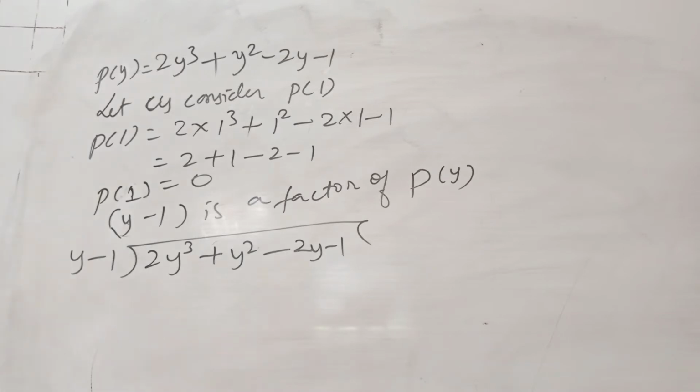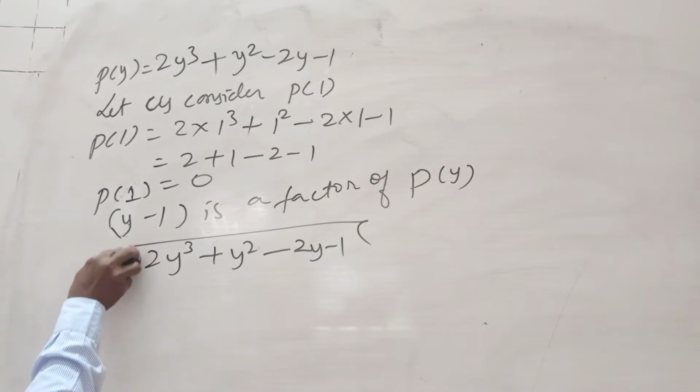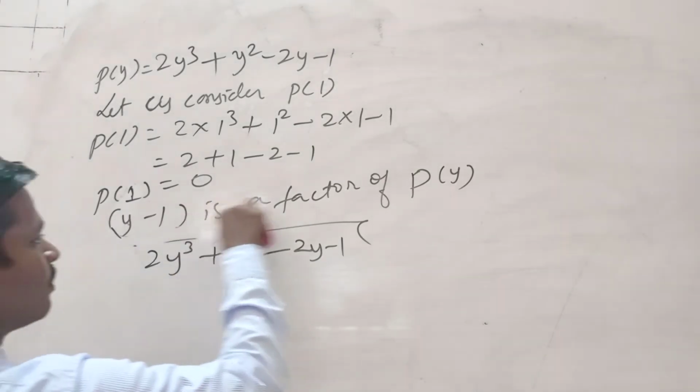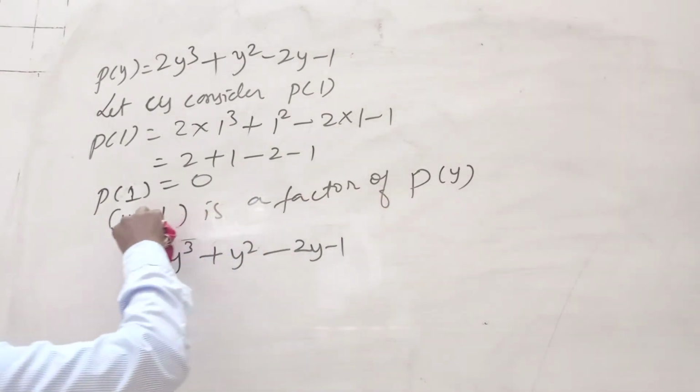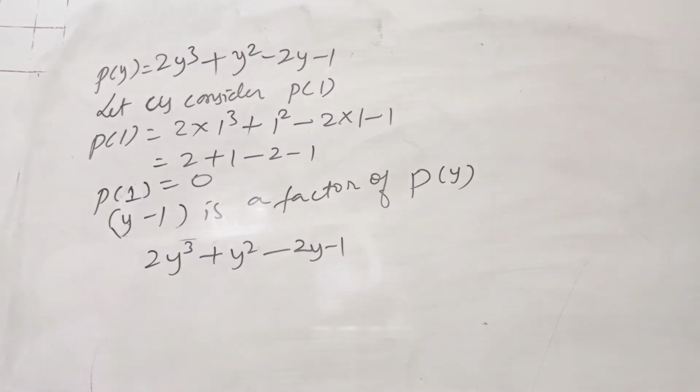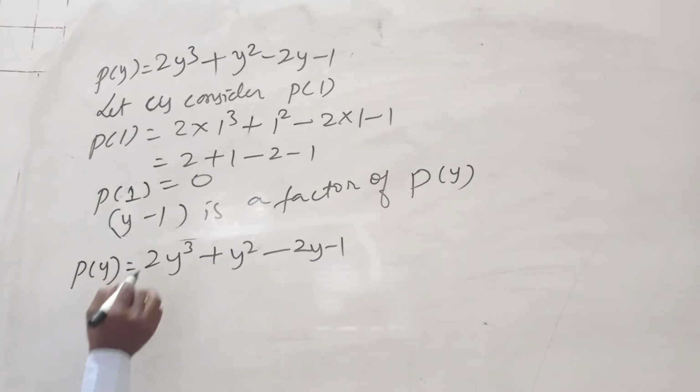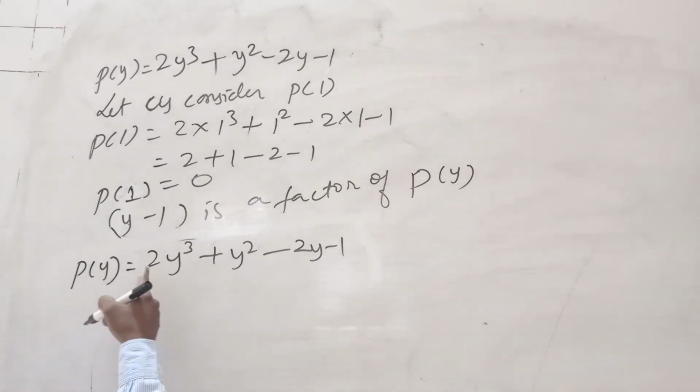Or without dividing also we can try this one. Without dividing we can take the factor directly. What is the factor that we can take here? If you take y minus 1, y minus 1 is a factor.